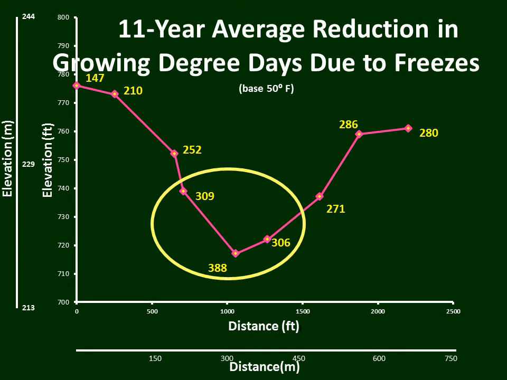As we get low on the terraces here towards the valley bottom, and in the valley bottom, those two locations near the flagpole, we lost over 300 growing degree day units due to the freezes in spring and fall. And the very bottom of the valley, this lowest spot, approached not quite 400 units of growing degree day temperature during the growing season that we lost due to spring and fall freezes that occurred after April 1 and before October 31.